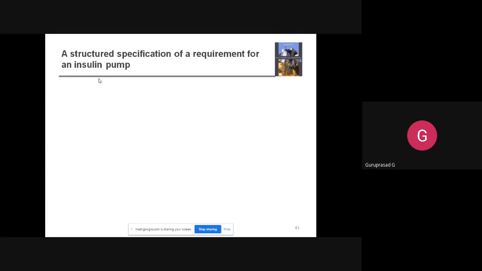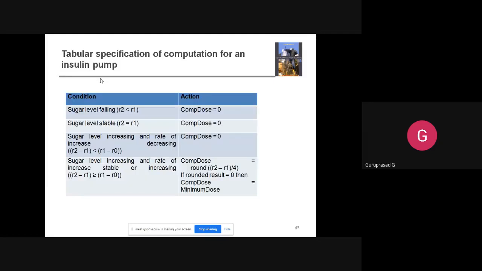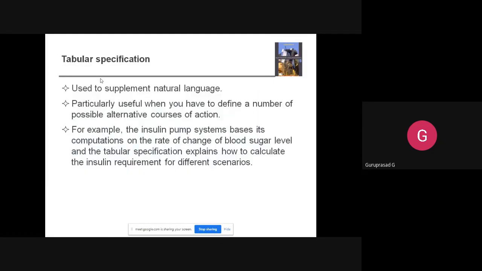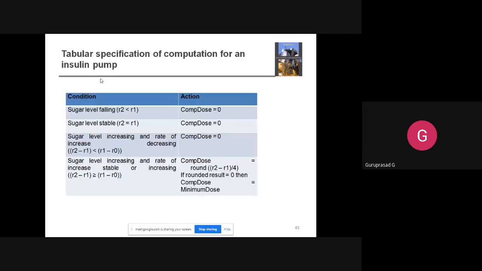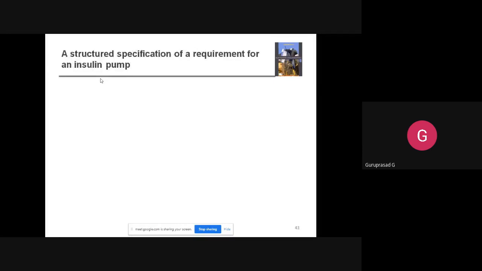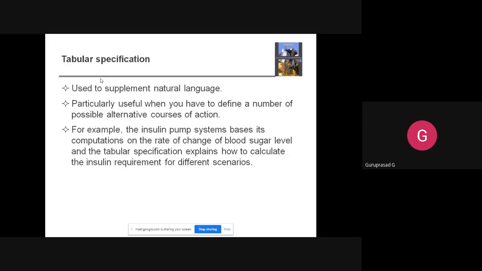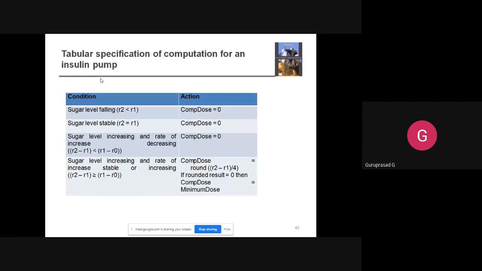We have the structured specification. You see the tabular format here. It is written in a tabular format.